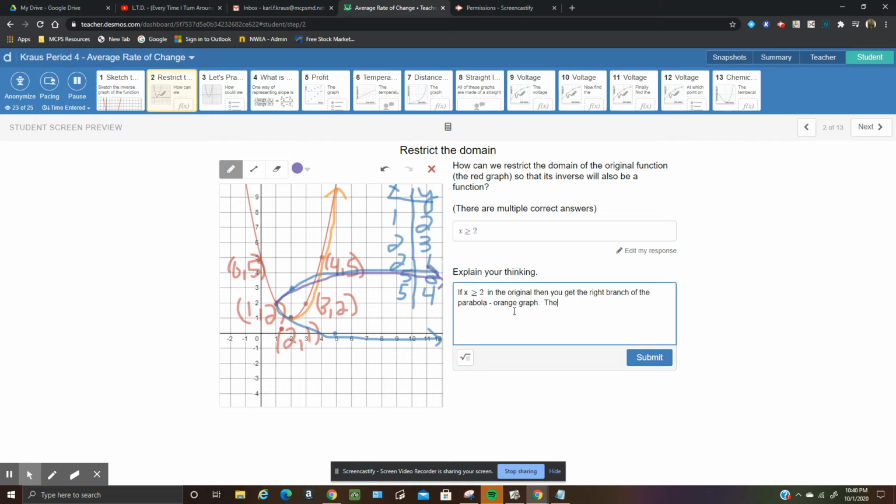The inverse would be a purple graph, which is the upper branch of the parabola side. And the inverse then would be a function.